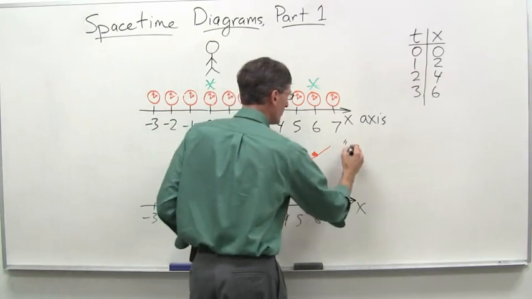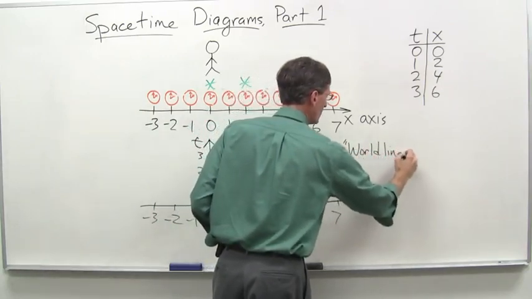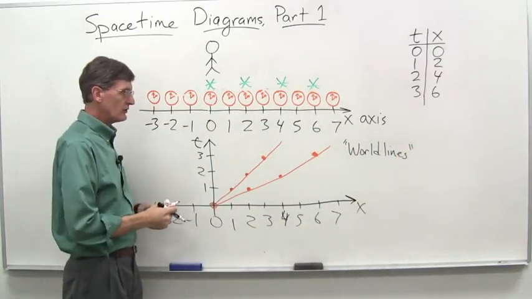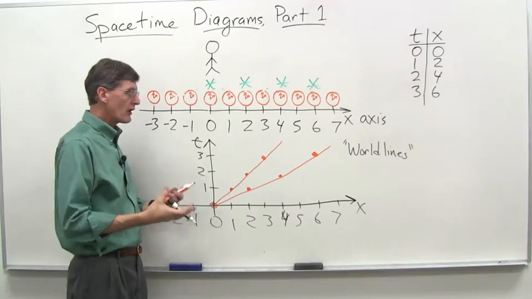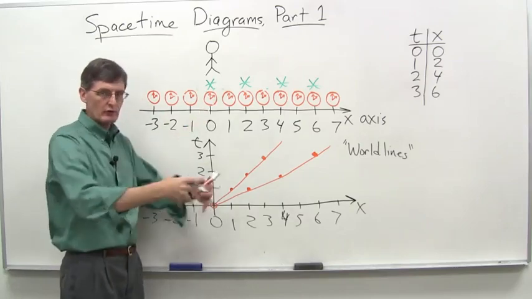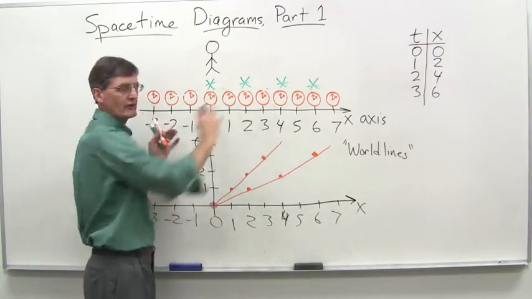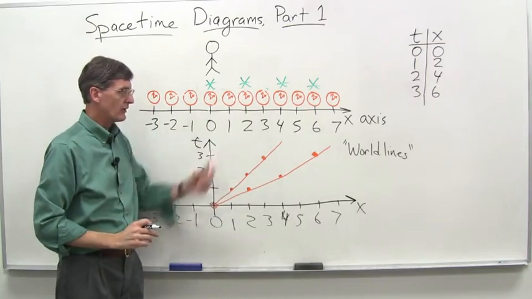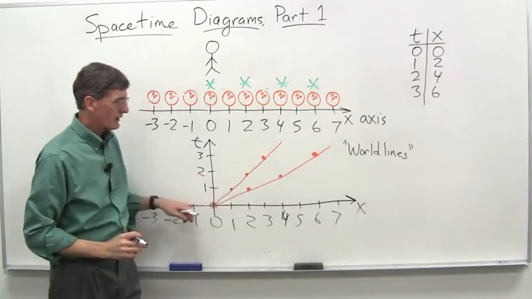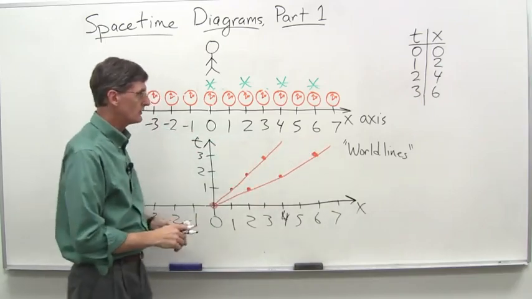They're called world lines. If we imagine the car's progress through the world, as it were, in space and time, the world consisting of both space and time, in this case, just space along the x-axis, one dimension, and the time recordings there. This represents its progress through space and time. We call that a world line.